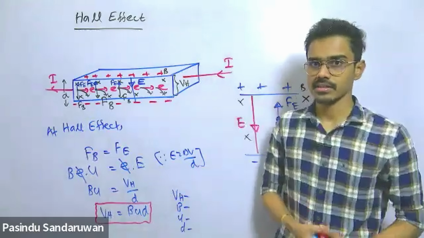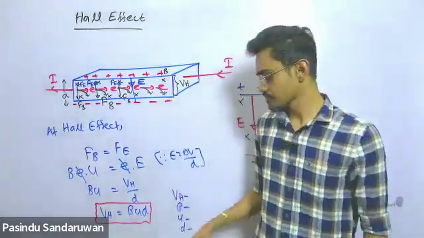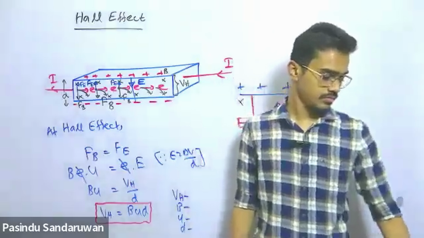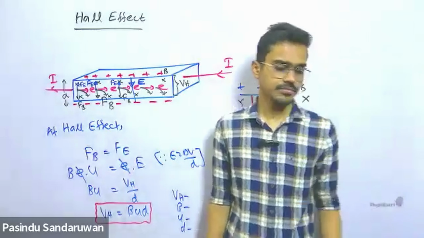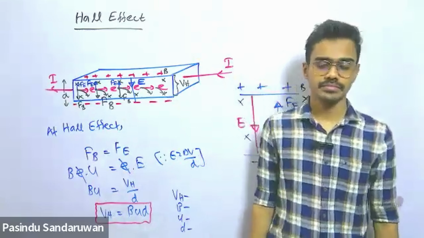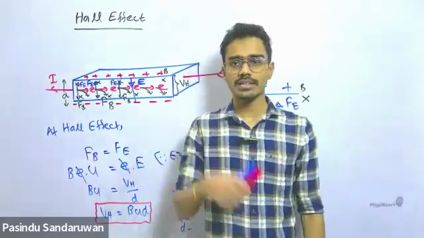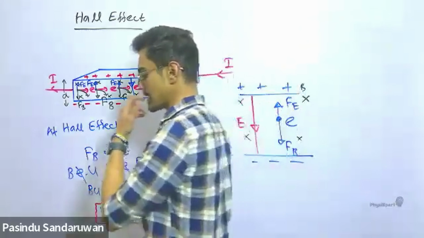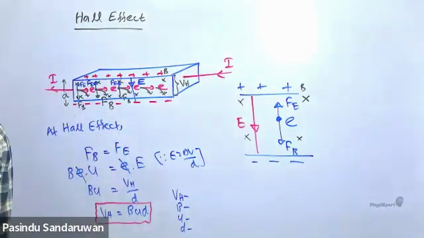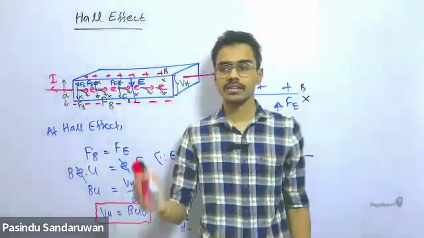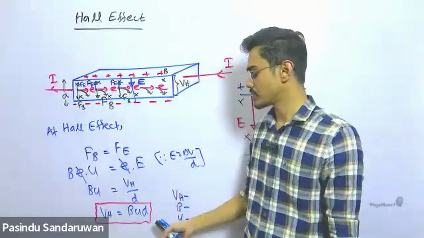U, speed or drift velocity of electrons.